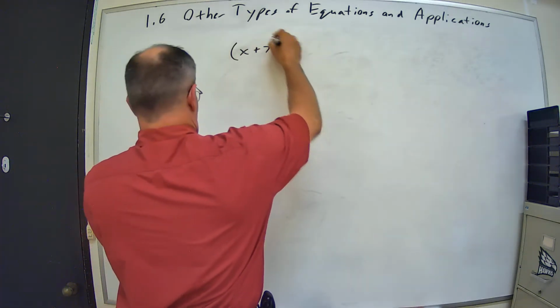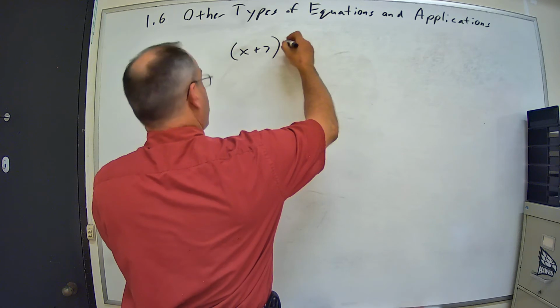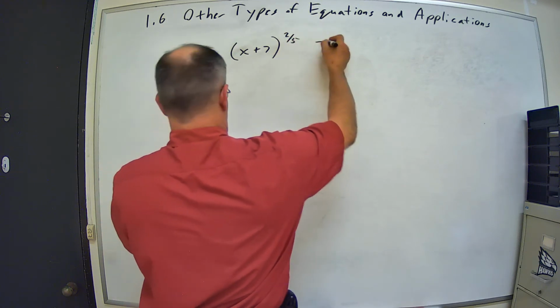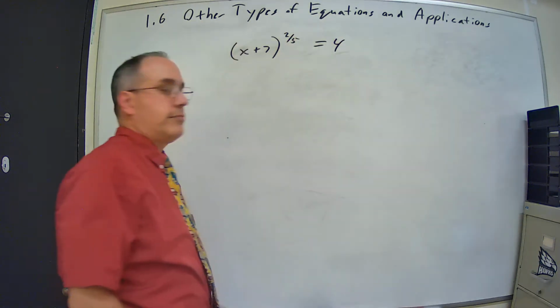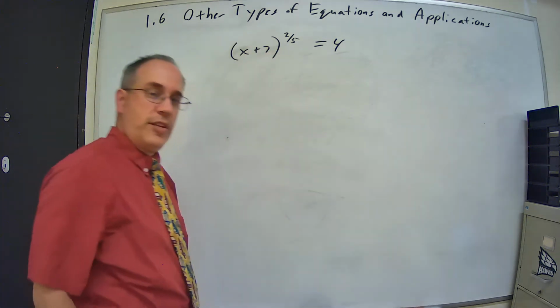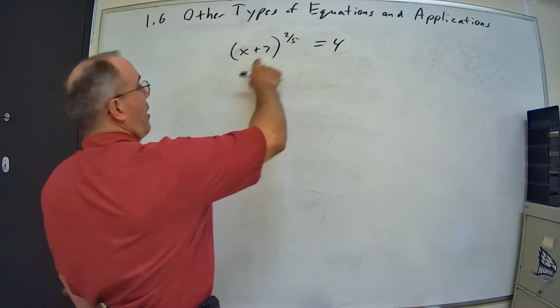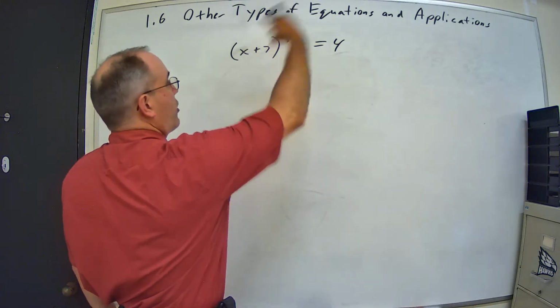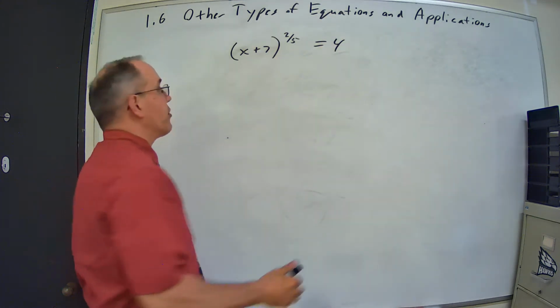x plus 7 to the 2/5 is equal to 4. Now why are we doing this? Well, this is going to give us another couple steps we need to do along the way. So obviously this is raised to the 2/5, so we're going to raise it to the 5/2, the reciprocal.